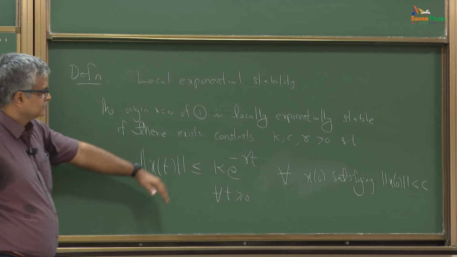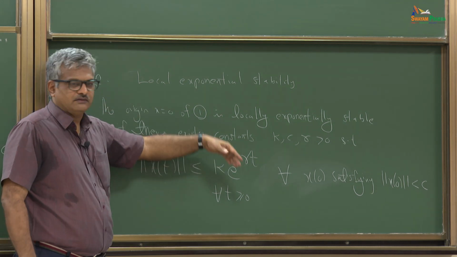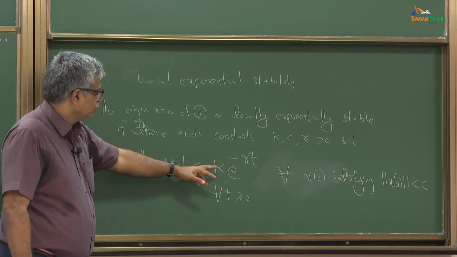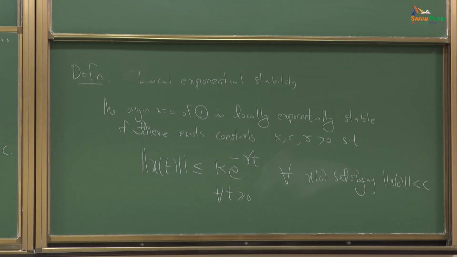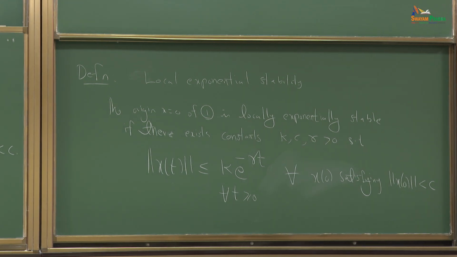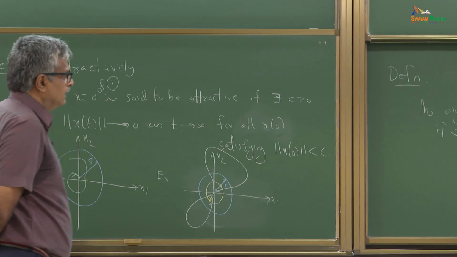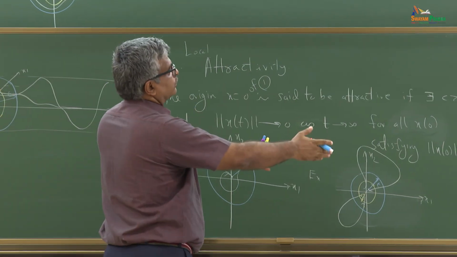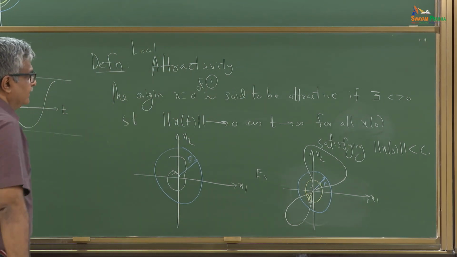So R dictates the convergence rate. A very large R says it is converging very fast. So if you are able to find this K, R, and C, all positive numbers, such that the solution is bounded by an exponentially decaying function for all initial conditions in the ball of radius C, right? So this is the strongest notion, in the sense that exponential stability implies asymptotic stability implies stability, right?